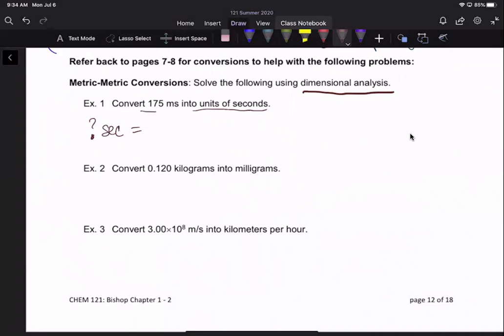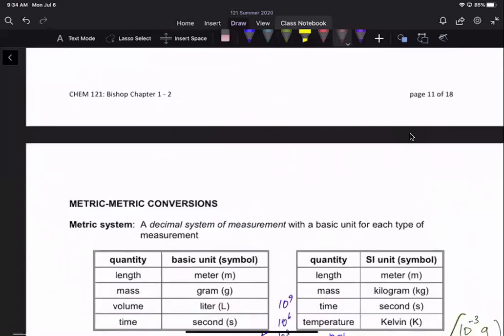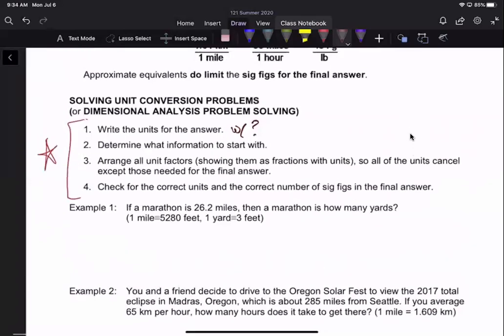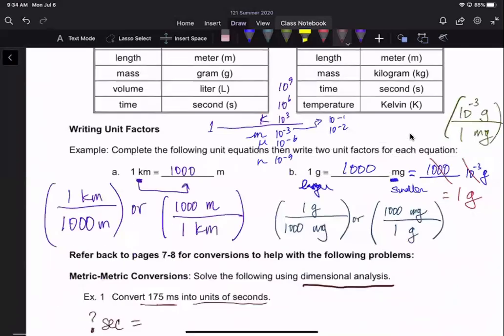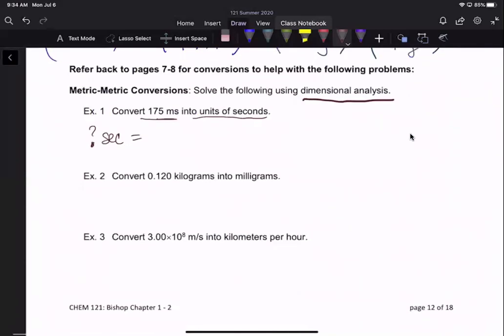And then I'm going to write what I'm given. So this is step 2. Determine what information to start with. That's usually given in the problem. So 175 milliseconds, and I need to do something that converts that into seconds. I need to go find that relationship.